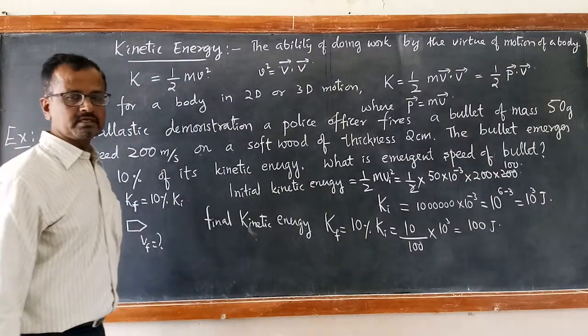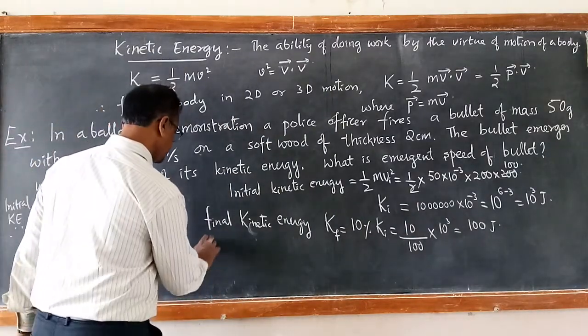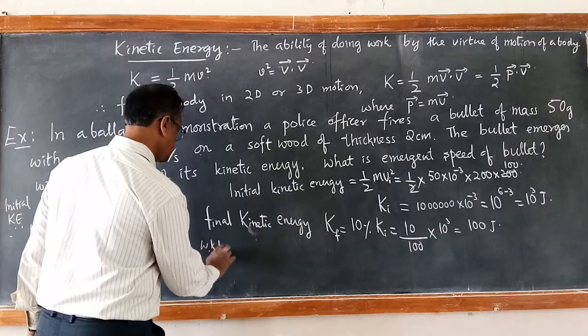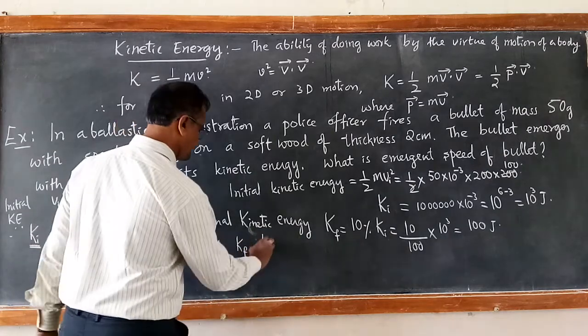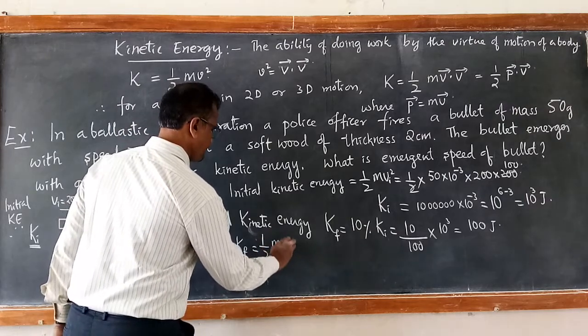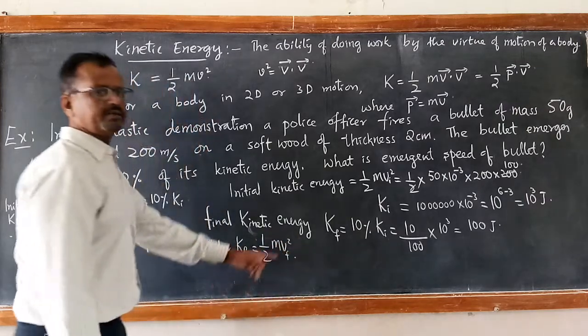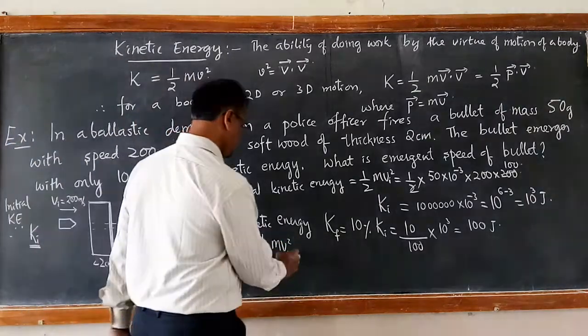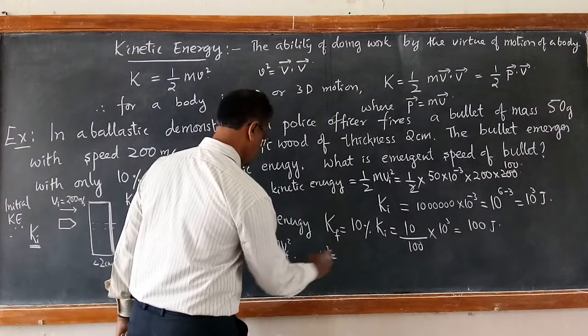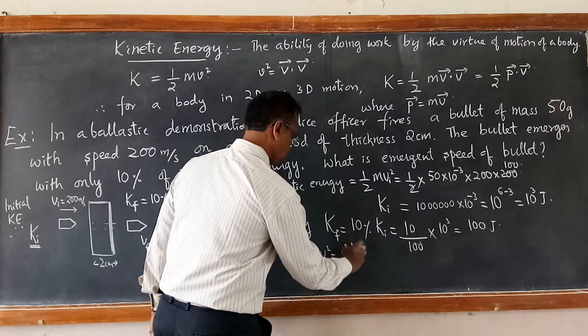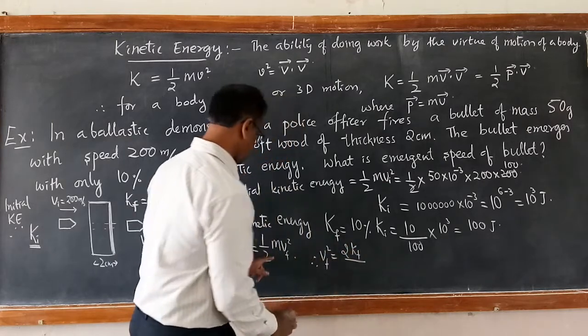Then what is Vf? We know that Kf is equal to half m Vf square. Therefore, Vf square is equal to 2 Kf divided by m.